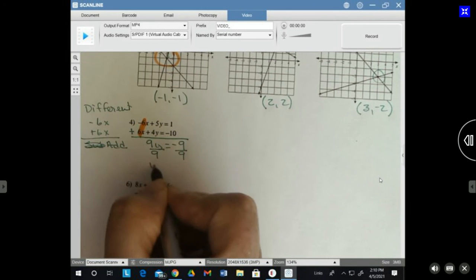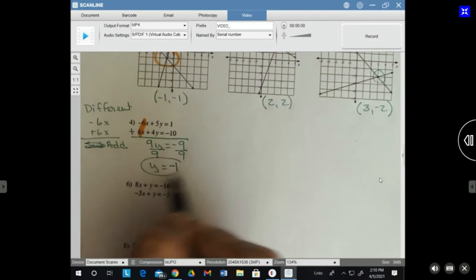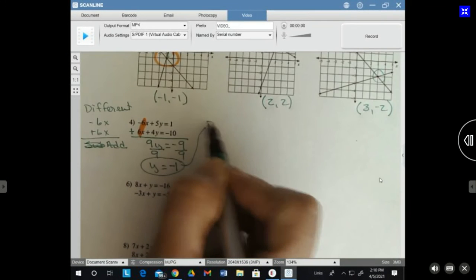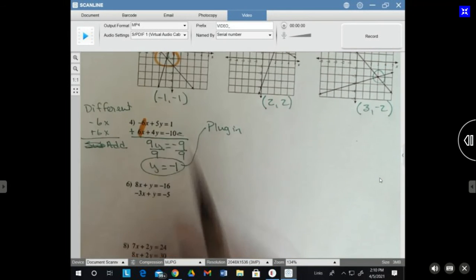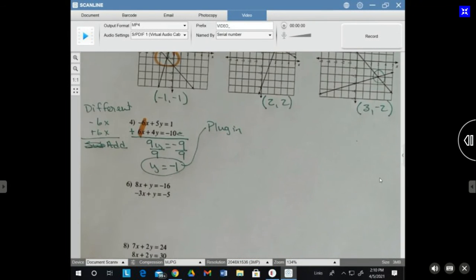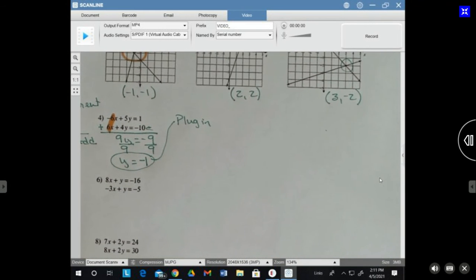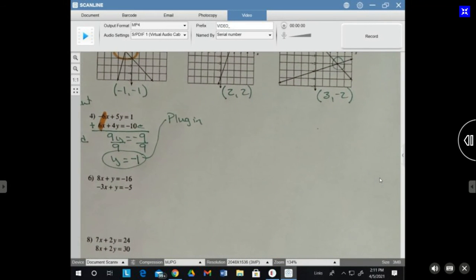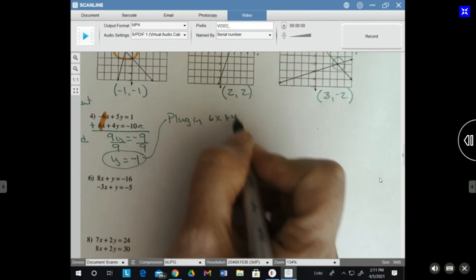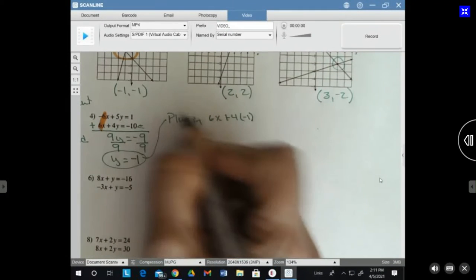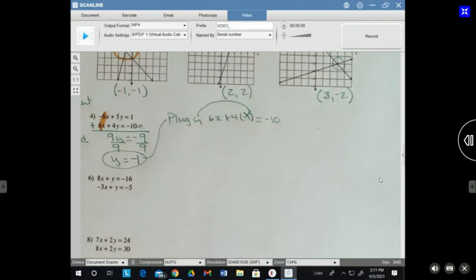So y is equal to a negative 1. What am I going to do with this? I'm going to use my second one just because I think my second one is easier. It makes no difference which one I do use. So I'm going to say 6x plus 4 times negative 1 equals negative 10.